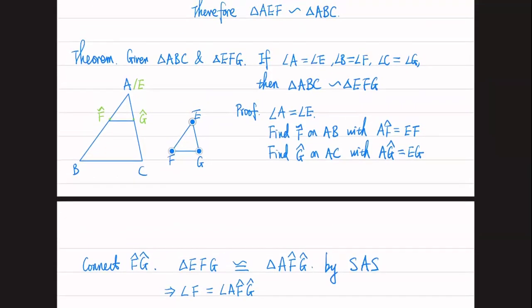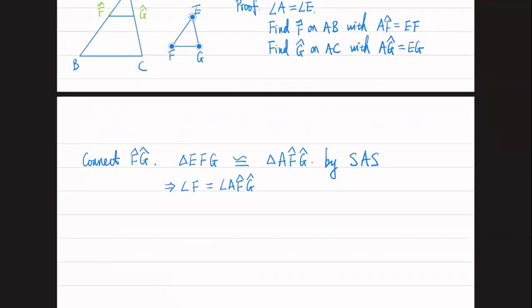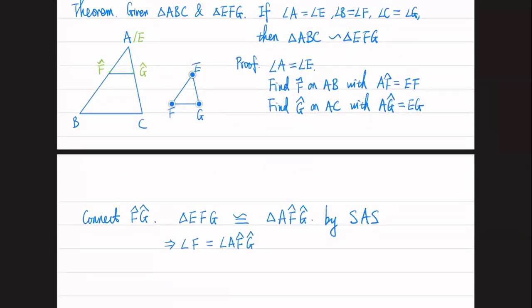But by our assumption, angle F is the same measure as angle B. So from this, we conclude these 2 angles are equal.